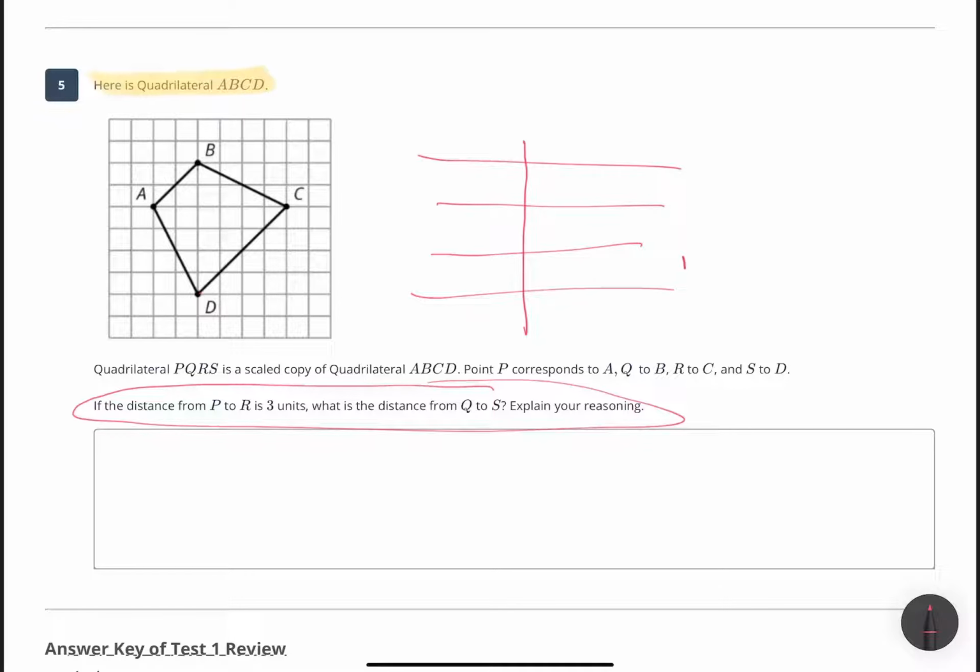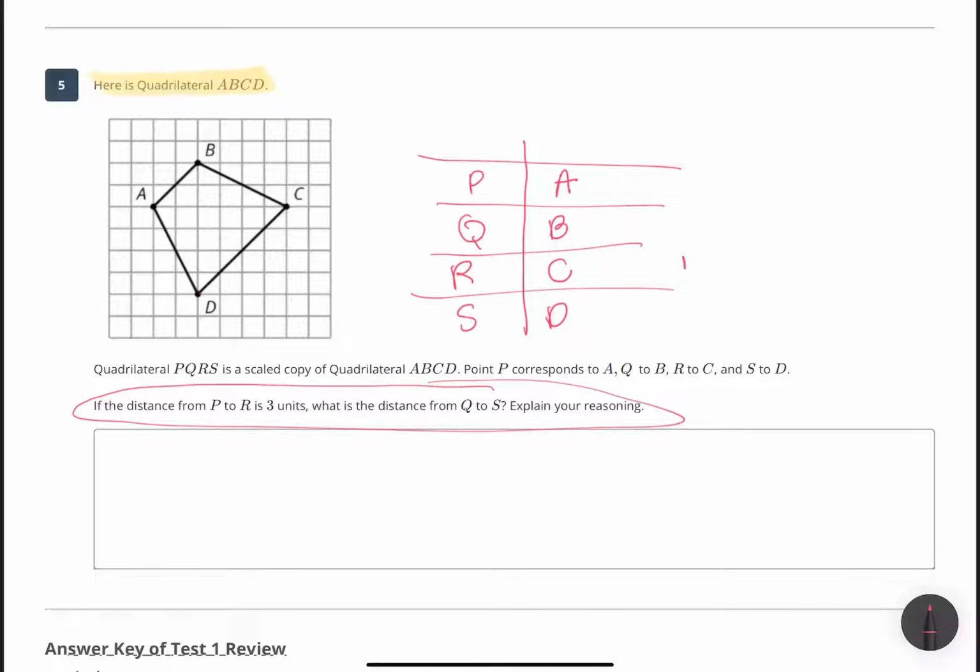Point P would correspond with point A. Q corresponds with point B, R corresponds to C, and S to D.